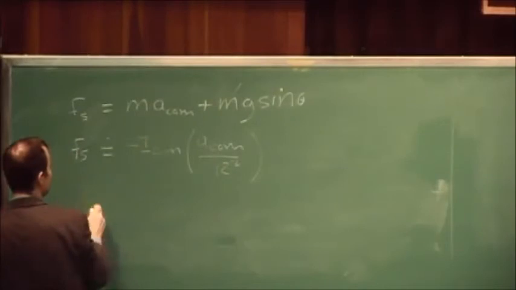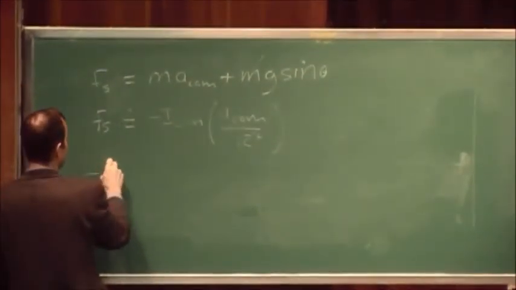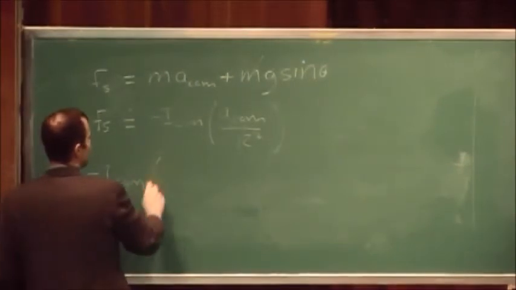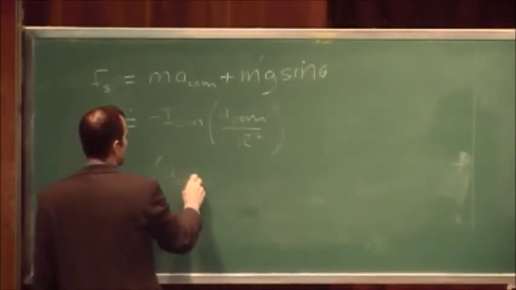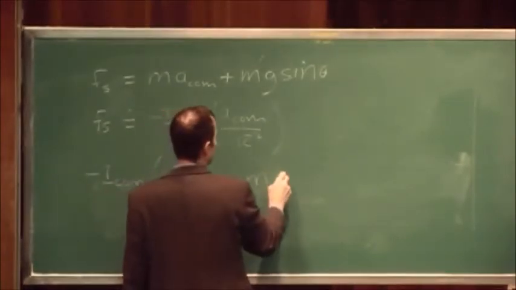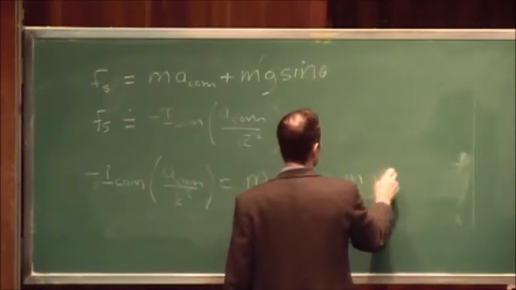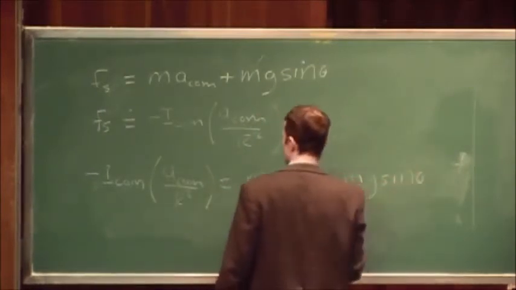So I set these two equations equal to each other and then solve for A center of mass. So I get minus I center of mass, A center of mass over R squared is equal to M A center of mass plus mg sine theta.